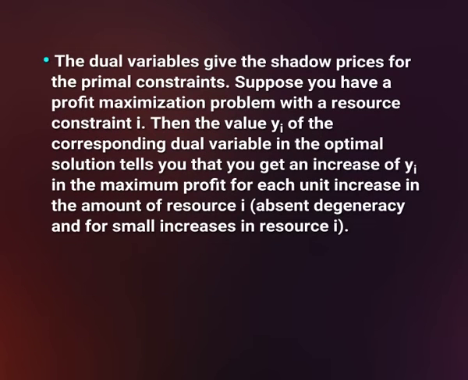The dual variables give the shadow prices for the primal constraints. Suppose you have a profit maximization problem with a resource constraint i, then the value y_i of the corresponding dual variable in the optimal solution tells you that you get an increase of y_i in the maximum profit for each unit increase in the amount of resource i, absent degeneracy and for small increase in resource i.